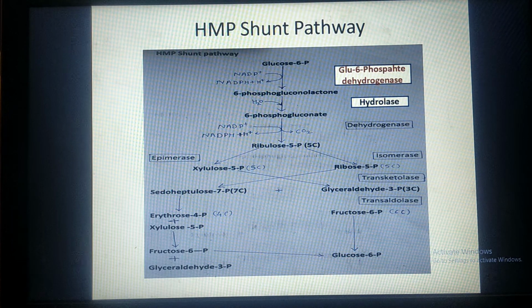This transketolase enzyme requires a coenzyme thiamine, which is vitamin B1. If a patient is suffering from vitamin B1 deficiency, then the activity of transketolase is also decreased. So this is the clinical importance.